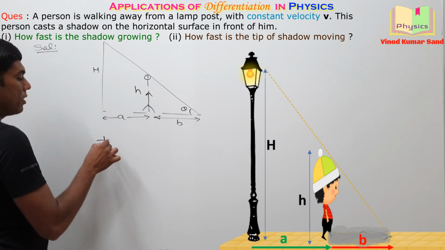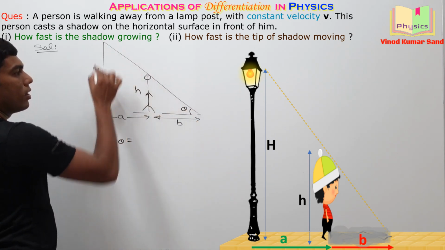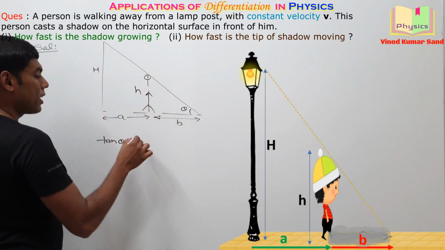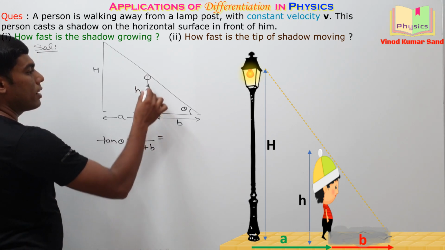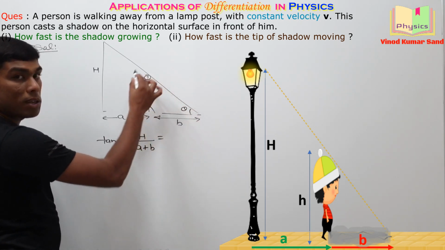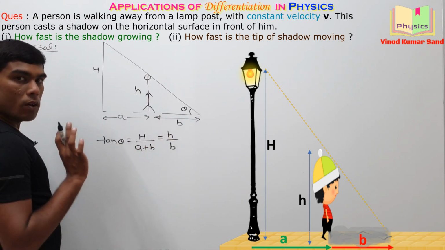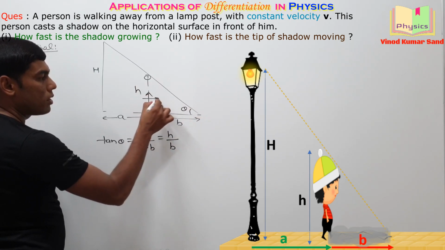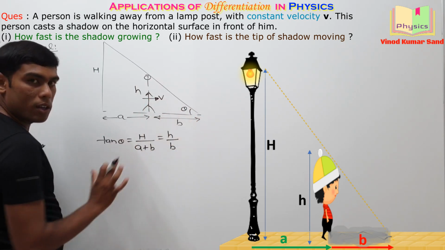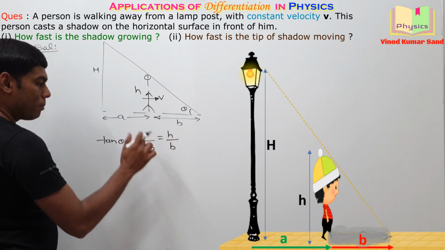Let's say we write tan theta. Then tan theta in this triangle will be equal to what? Capital H divided by A plus B. And tan theta in this smaller triangle will be equal to small h divided by B. Since B is changing as the person moves, the length of the shadow will keep changing. So I am trying to obtain B from this computation.